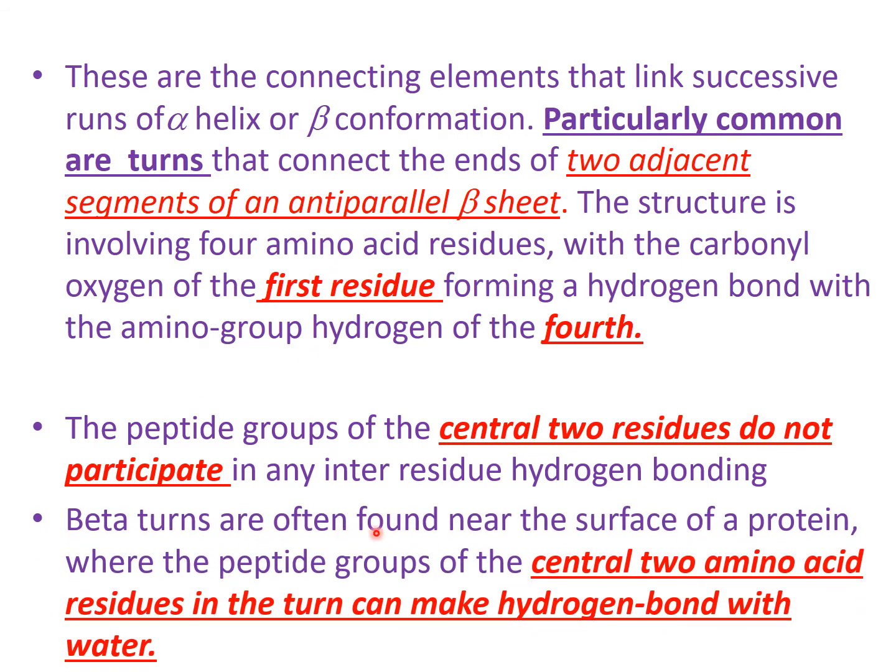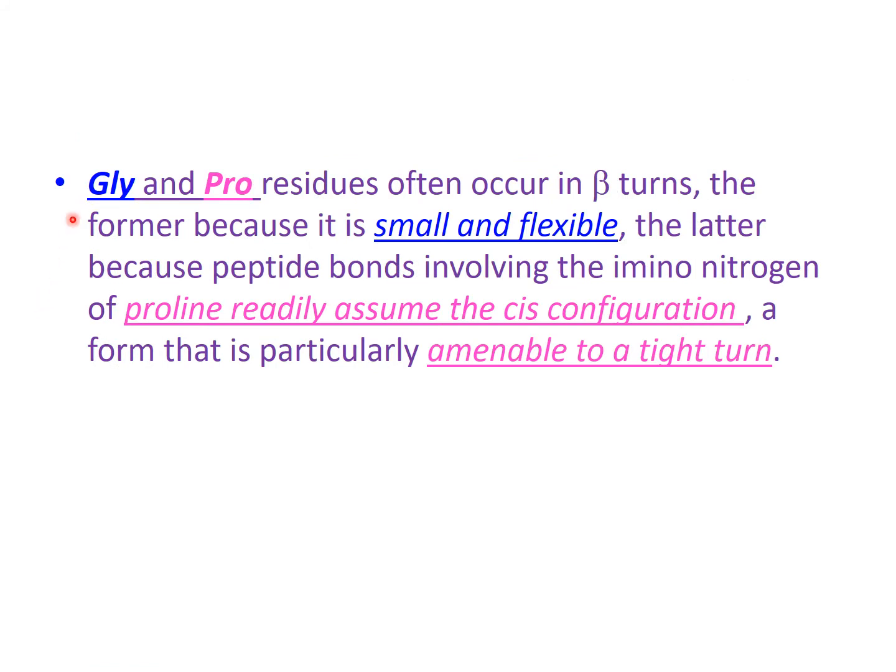Beta turns are often found near the surface of the protein, where the peptide groups of the central 2 amino acid residues in the turn can make hydrogen bonds with water. Glycine and proline residues often occur in beta turns. The former because it is small and flexible, because it has to turn the polypeptide chain.